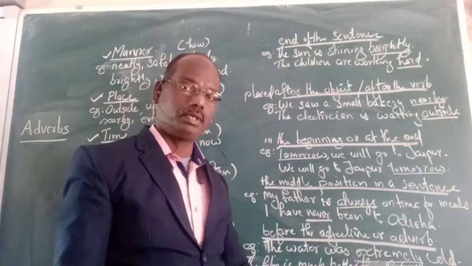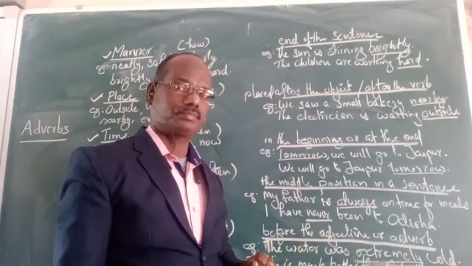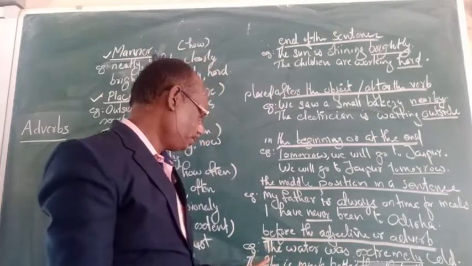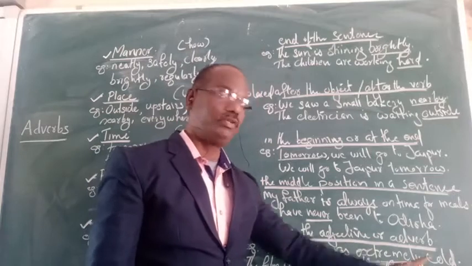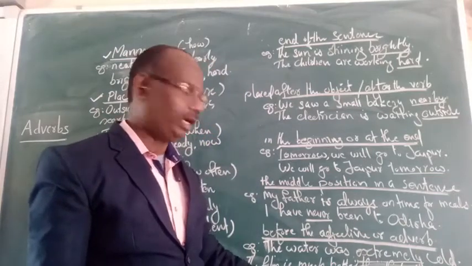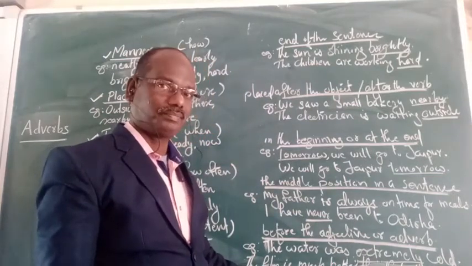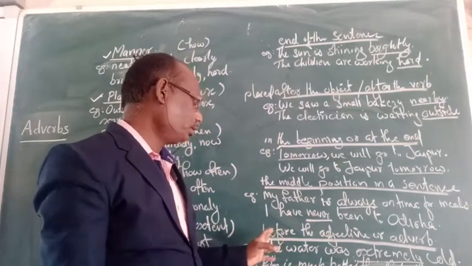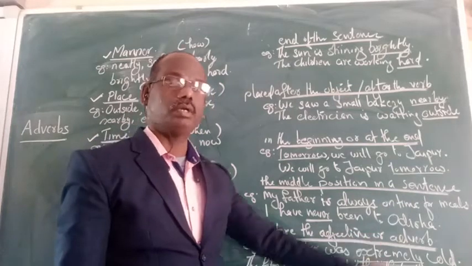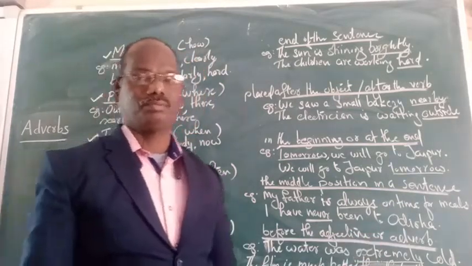What is the adverb here? Extremely. The film is much better than the last one we saw. Adverb here, much. So these words we are using before the adjective or another adverb.